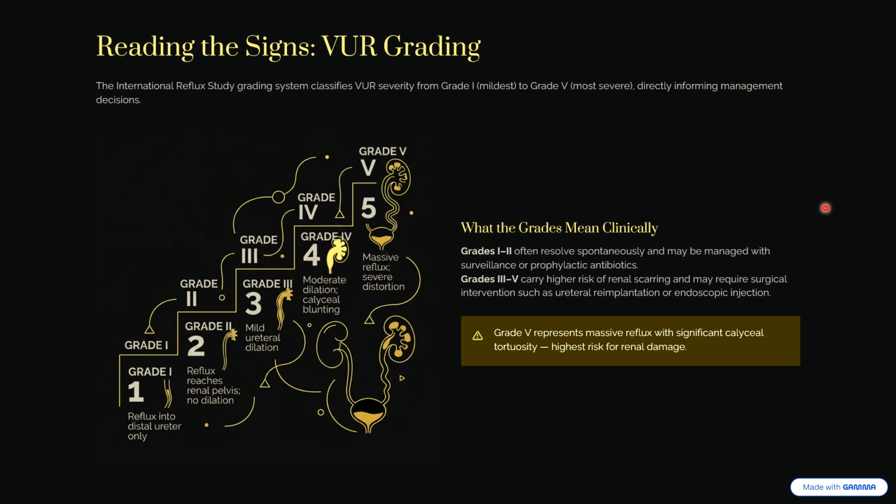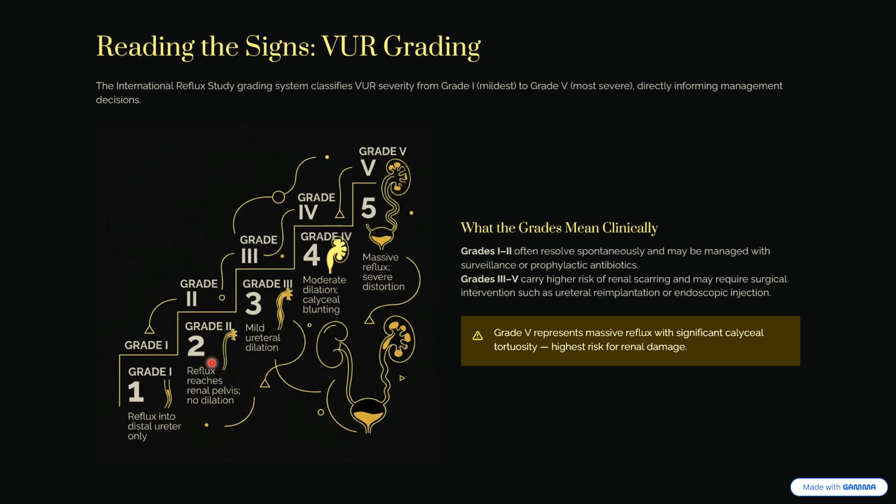Reading the signs, whatever sign we can see, we can grade it from grade 1, 2, 3, 4, 5. Now grade 1 and grade 2: in grade 1 we can see reflux into the distal ureter only. In grade 2 we can see reflux reaches the renal pelvis but there is no dilatation.